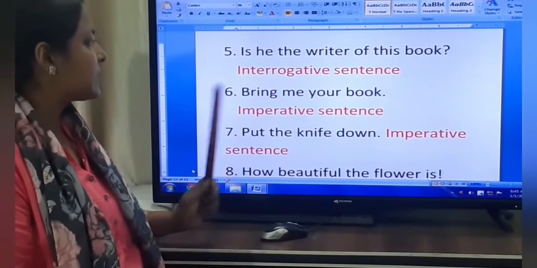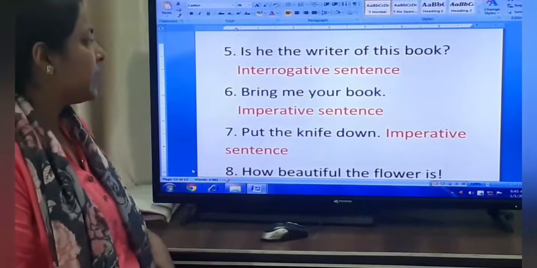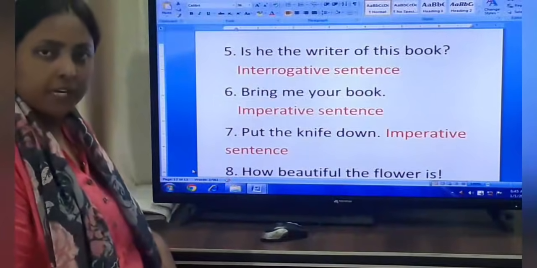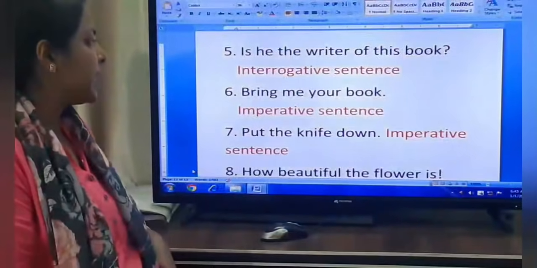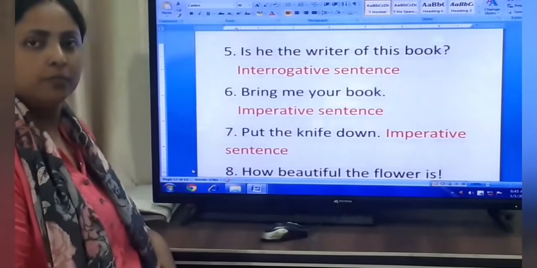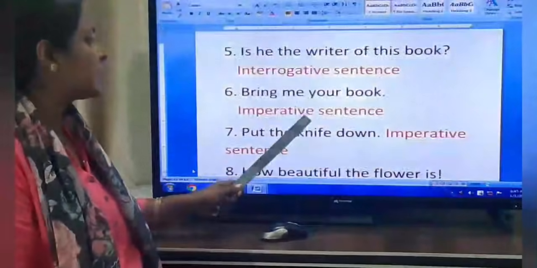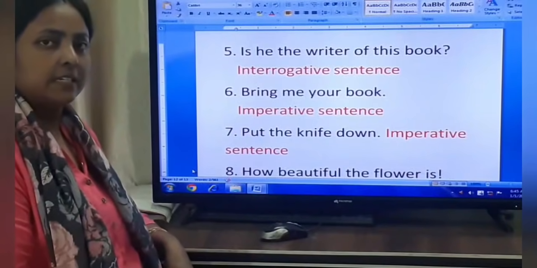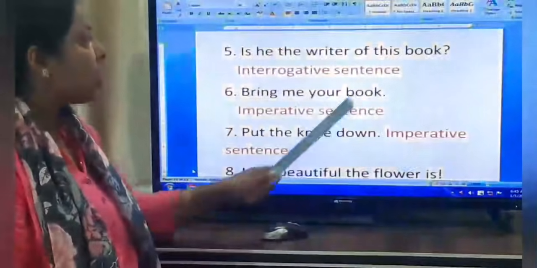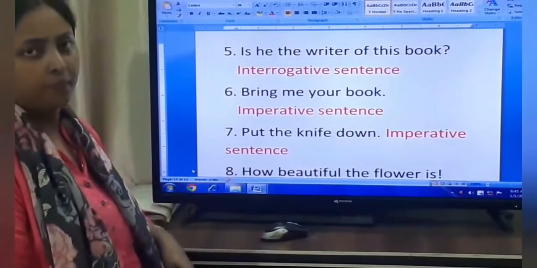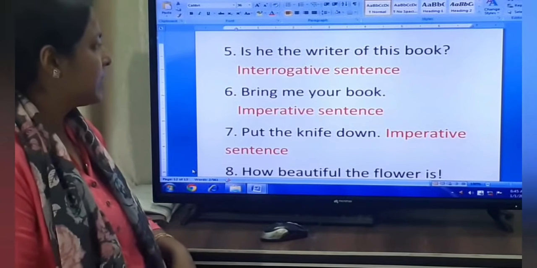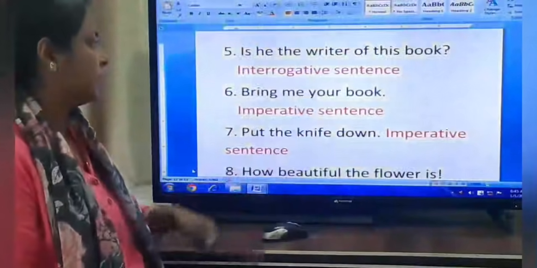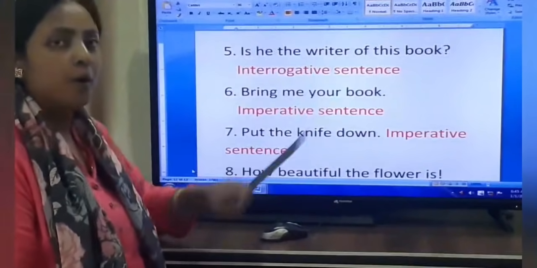Next sentence is, bring me your book. I repeat, bring me your book. Which sentence is it? Imperative sentence. It always ends with a full stop. It gives you a command or order. Bring me your book.